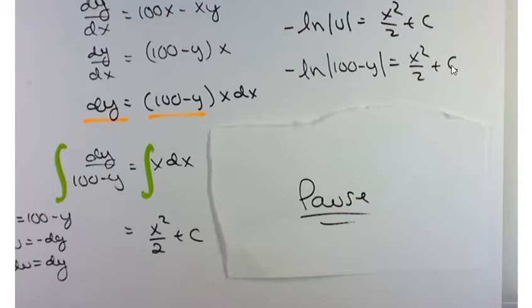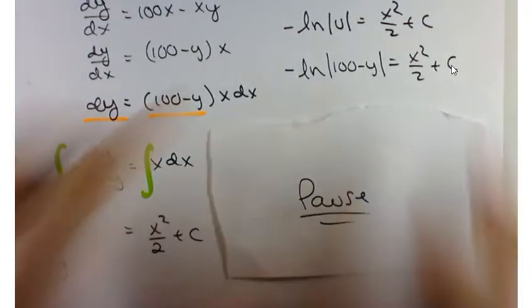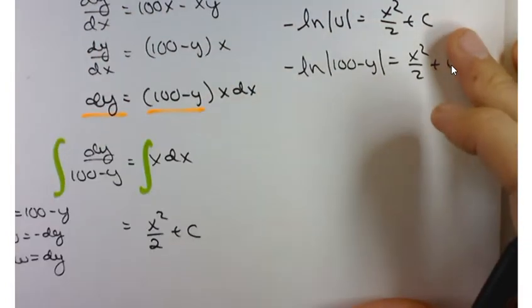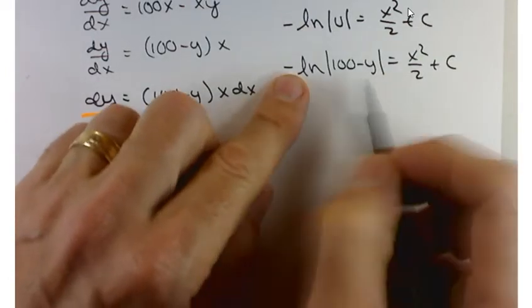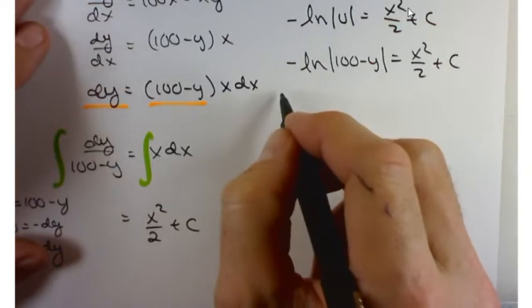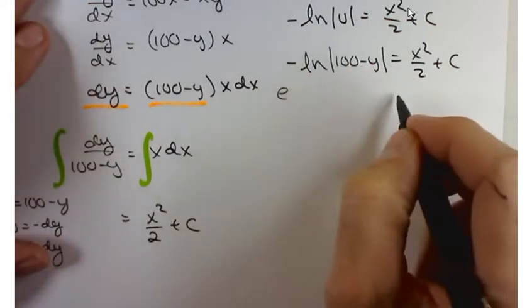Negative c. I'm not going to have a negative c. I'm just going to write it as c, but it'll all come out in the wash. Okay. So to get rid of the log here, I'm going to exponentiate both sides. So it's going to be e to this power. Actually, you know what?